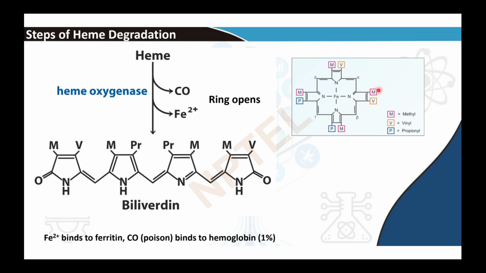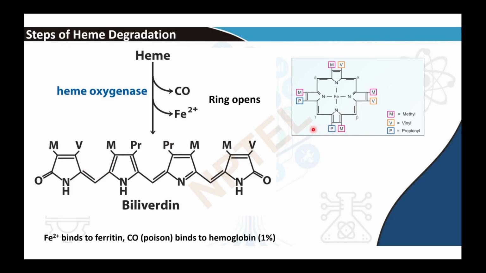And then if you see these methyl groups, vinyl groups, and propionyl groups are marked, right? So you can see when the ring opens from here, you have a double bond O here, and then this pyrrole ring with the methyl and vinyl group. And then after the vinyl group, we have this double bond and then single bond here, double bond and single bond.